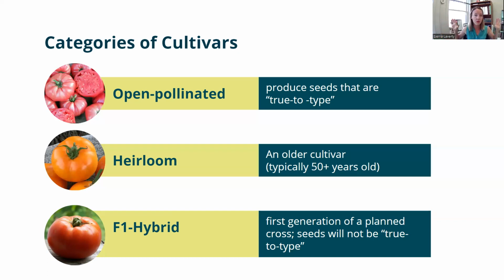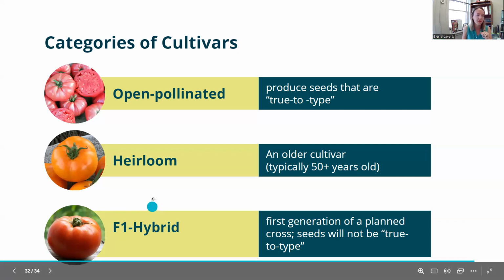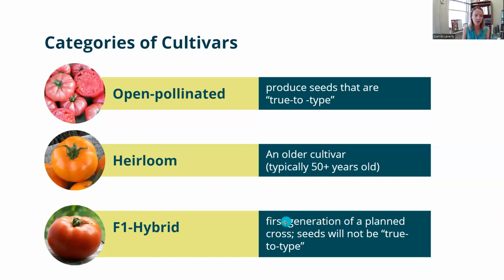And then those two inbred parent plants got crossed together, and that is our F1. So that's our first generation, is what that stands for. So F1, first generation of a planned cross between two pretty inbred plants. And when you cross those two inbred plants, the seeds of that F1 hybrid, that first generation, are just not going to be true to type because you've done some kind of wacky things to the genetics.